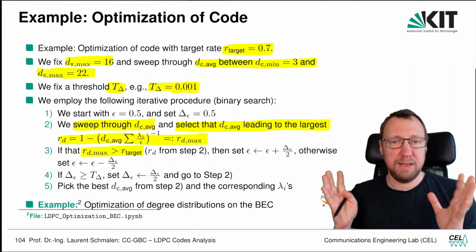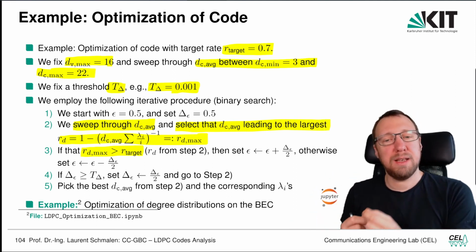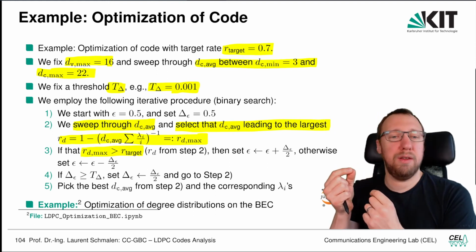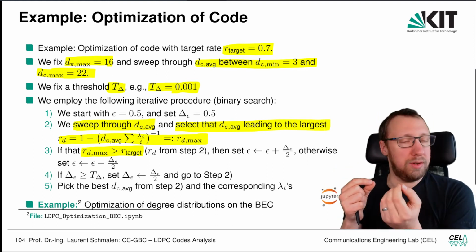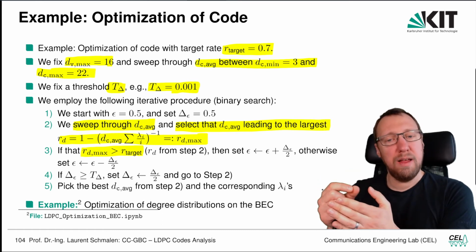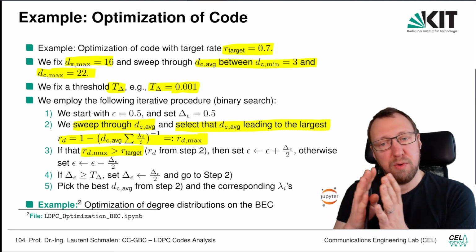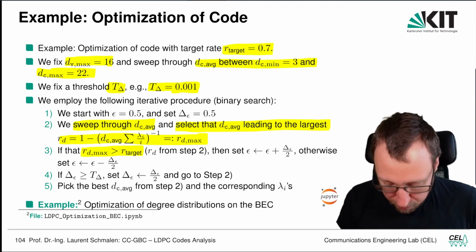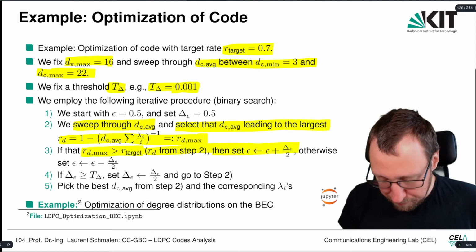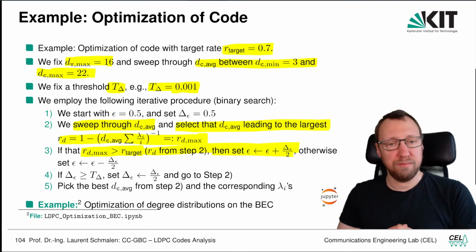It's larger than the target rate, which means we can increase epsilon because our channel is too good. We can actually work with a worse channel where we can put more erasures and then get a slightly smaller rate. So then we set epsilon equal to epsilon plus delta epsilon divided by 2.